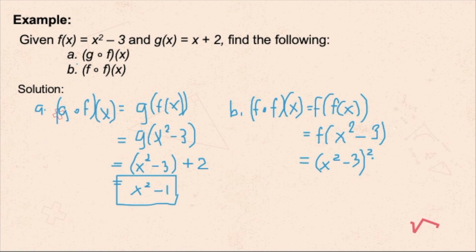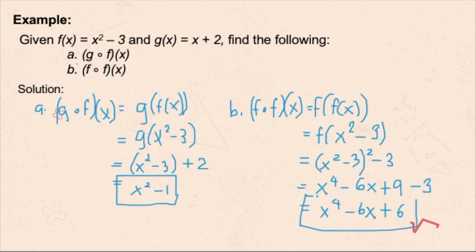So it will be the quantity x squared minus 3, squared, minus 3. Squaring the binomial, this will be x to the fourth minus 6x squared plus 9 minus 3. We can only combine the 9 and negative 3. So your final answer now is x to the fourth minus 6x squared plus 6.